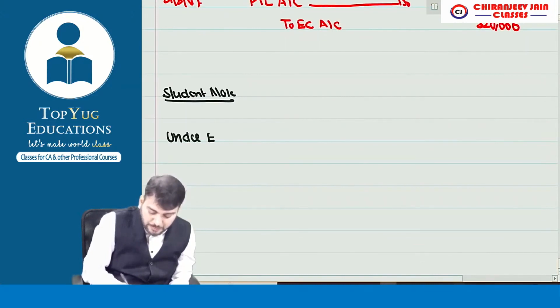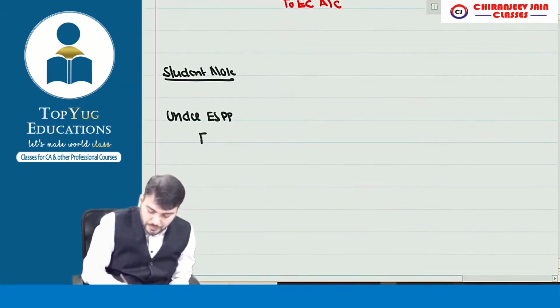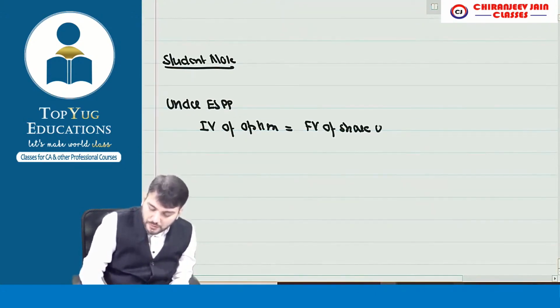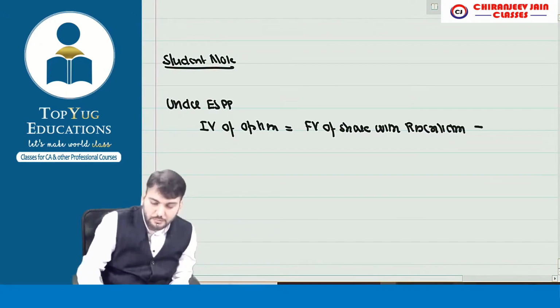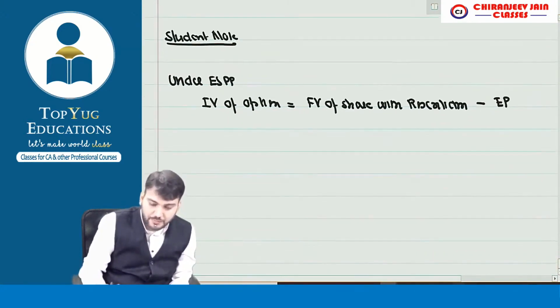Under ESPP, intrinsic value of option is equal to fair value of shares with restriction minus exercise price.